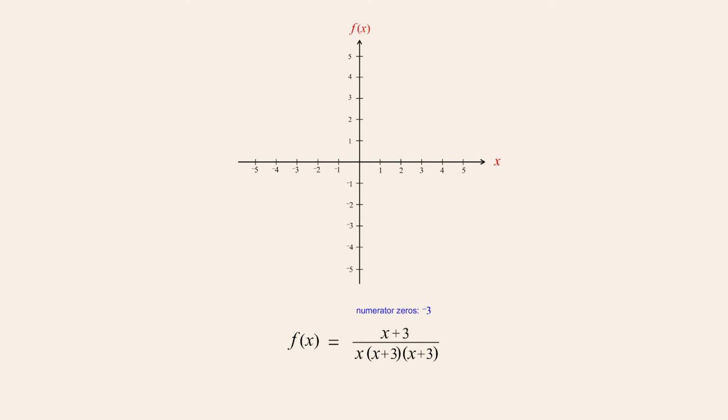So 0 and -3 are denominator zeros, and therefore must be excluded from the domain. Next, we check for identical pairs of numerator and denominator zeros. Since -3 is a 0 of both the numerator and denominator, we know that the graph has a hole somewhere with an x-coordinate of -3.